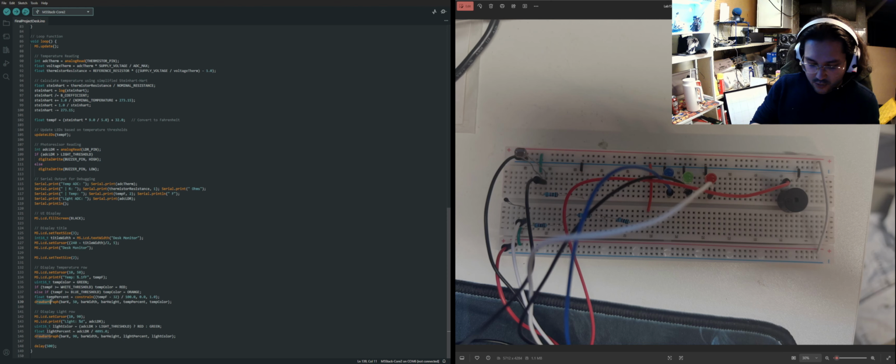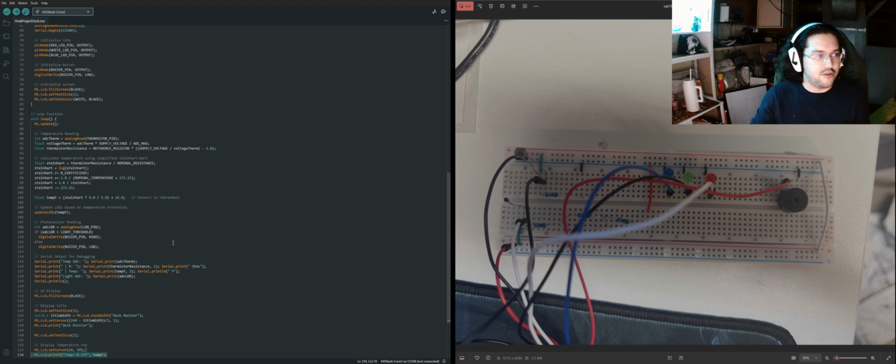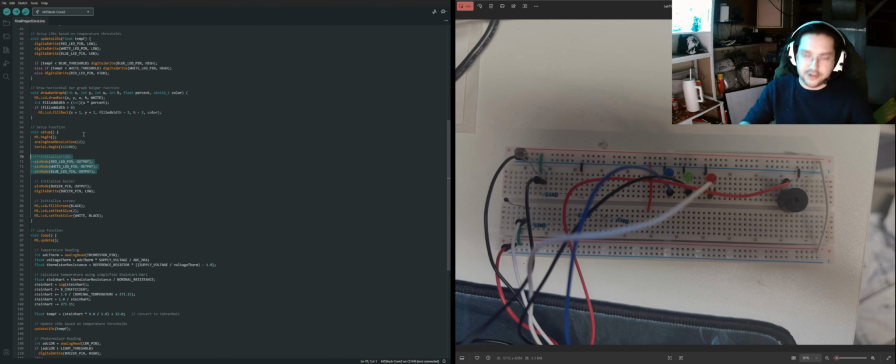So what I have on screen right now: on the left side is the written code as is, with how I labeled the pin layouts. Here's the buzzer I was talking about, the LEDs, and the setup function to start serializing everything. I also throw everything in the monitor, just for debugging reasons.